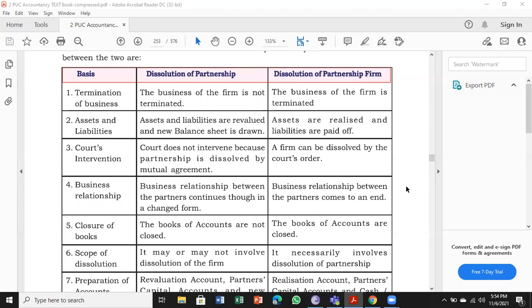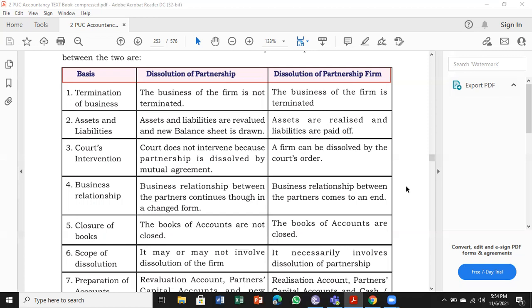See, I'm talking about termination of the business. Business will come to an end if the partnership firm is dissolved. Dissolution means closing the business. Dissolution of partnership firm means closing the business. Dissolution of partnership means only closing the partnership agreement.